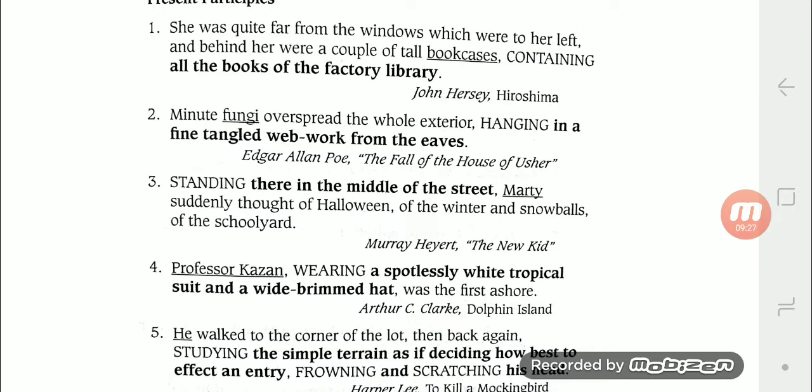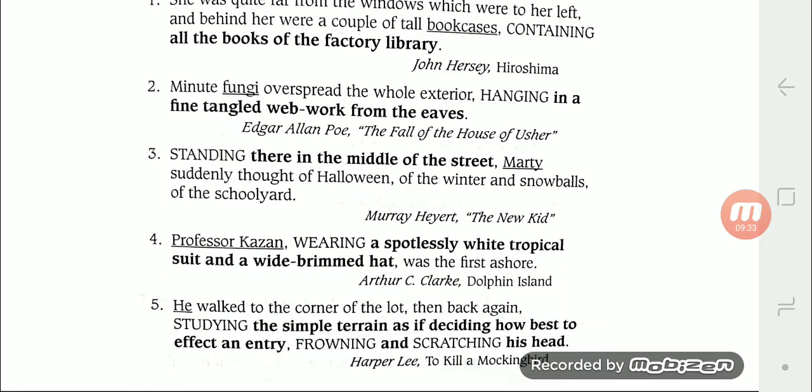Standing there in the middle of the street, Marty suddenly thought of Halloween, of the winter and snowballs, of the schoolyard. Professor Kazan, wearing a spotlessly white tropical suit and wide brim hat, was the first ashore.